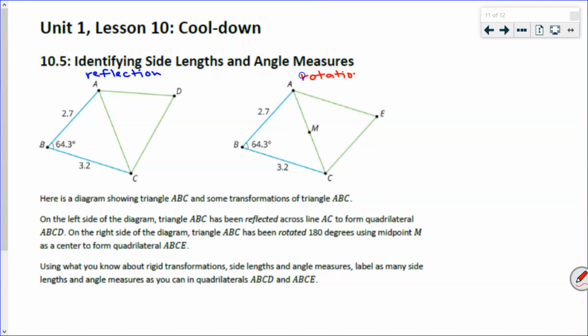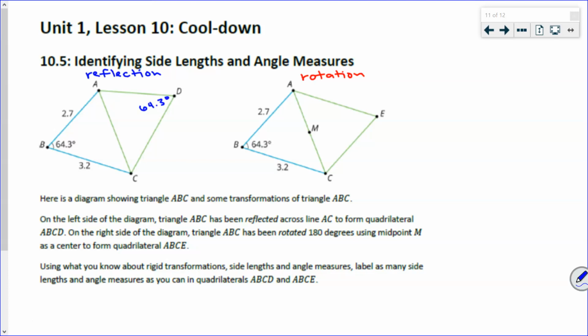This is a rotation. Look at how similar they are, but they are different. So, are your brains working? Let's start with this. If angle B is 64.3 degrees, what do we know about angle B? 64.3 degrees. That's the easy part.